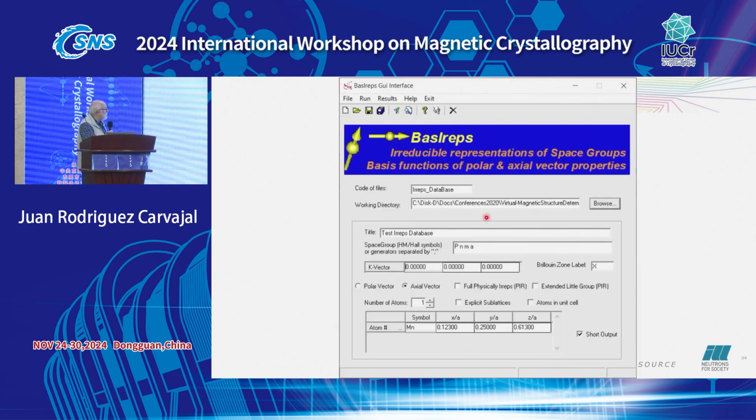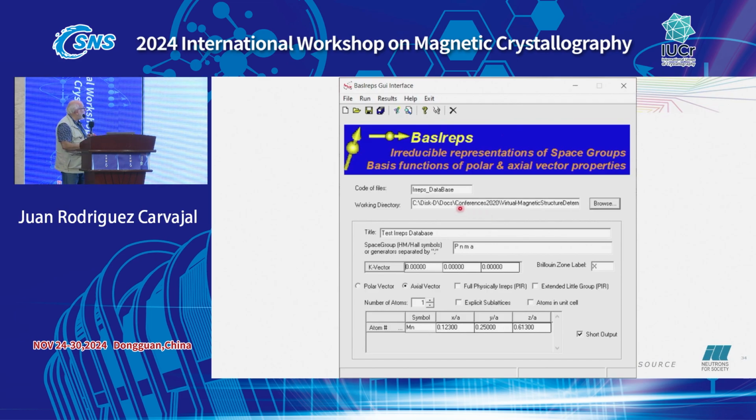When you open BasIreps, it's just a very simple interface for the program. This is, in fact, the BasIreps GUI. BasIreps can also be invoked from the command line, and it is just a program that runs.